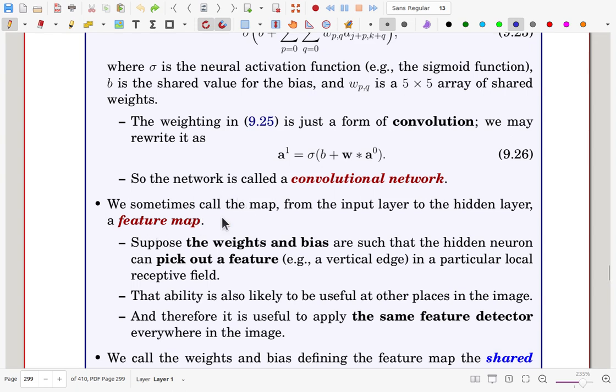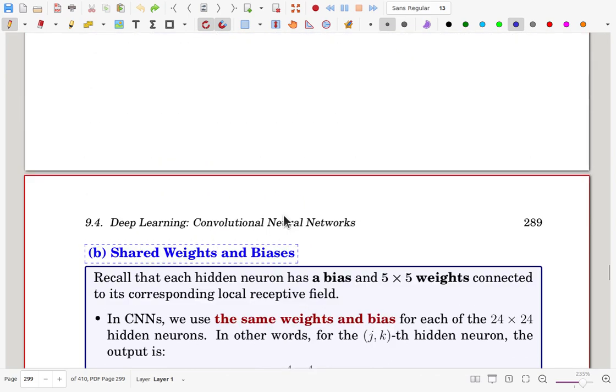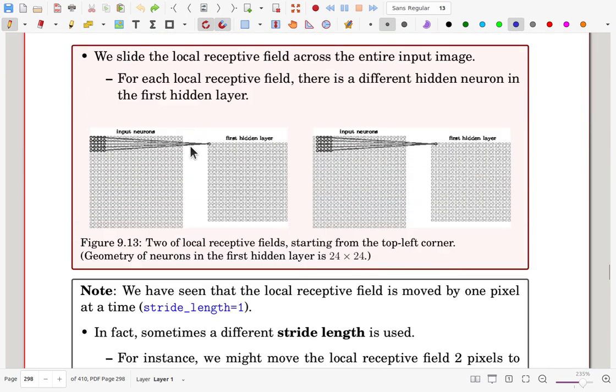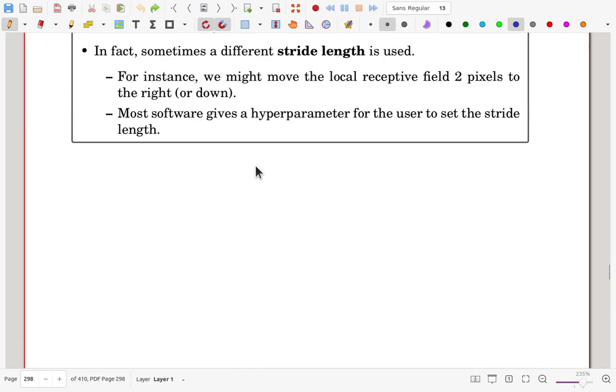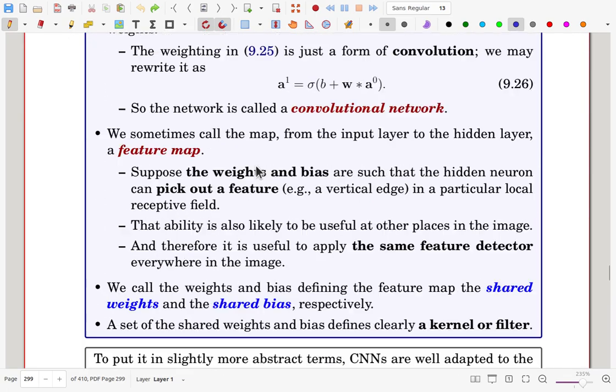And sometimes we call the map from the input layer to the hidden layer a feature map. So this connection itself is a feature map, or sometimes we call the output a feature map. Now, suppose the weights and bias are such that the hidden neuron can pick out a feature, for instance a vertical edge in a particular local receptive field.